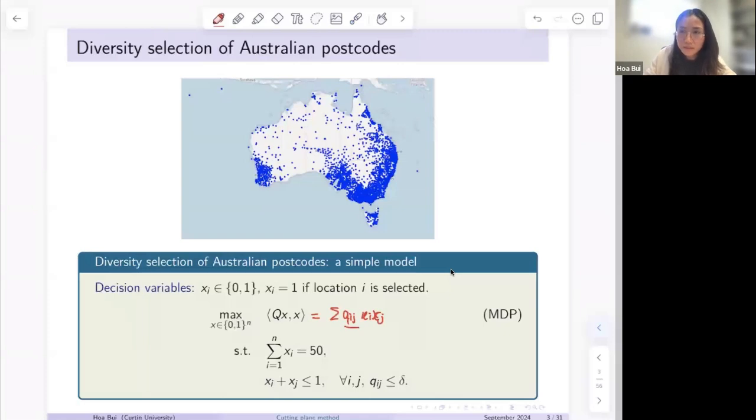Then this is the sum distance between your selected locations. And of course, we also have a constraint that you select 50 locations, and a constraint that for any pair of locations whose distance is less than the threshold, you choose at most one of them. So this is a classical binary quadratic problem.